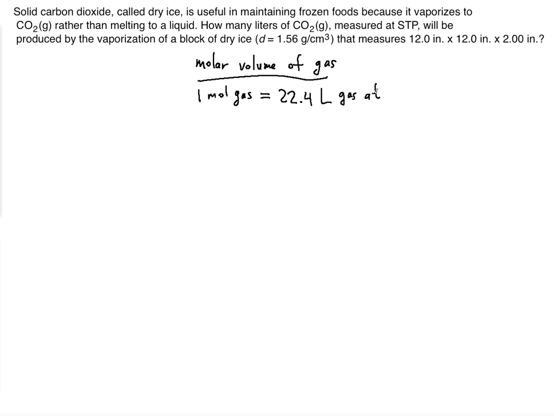So before we proceed, we need to understand which formula we're going to use here. We use the molar volume of gas. Molar volume of gas, and that's going to be 1 mole of gas is equal to 22.4 liters of gas at standard temperature and pressure.